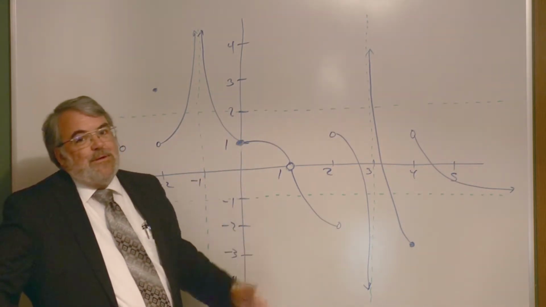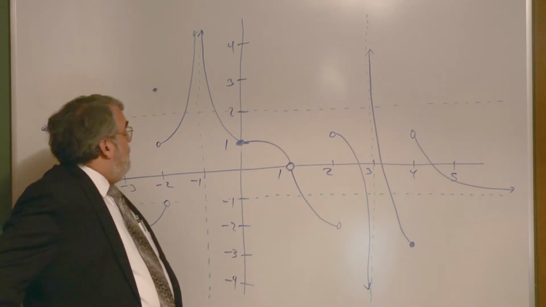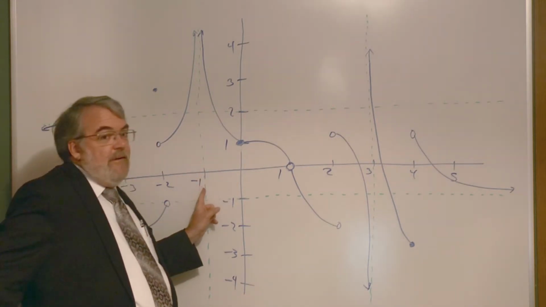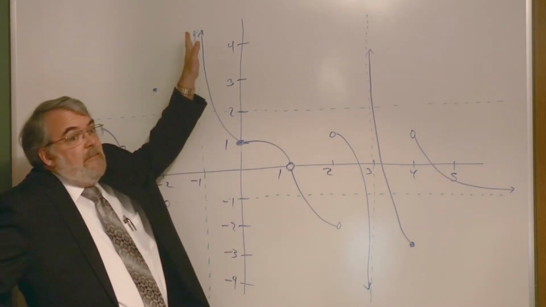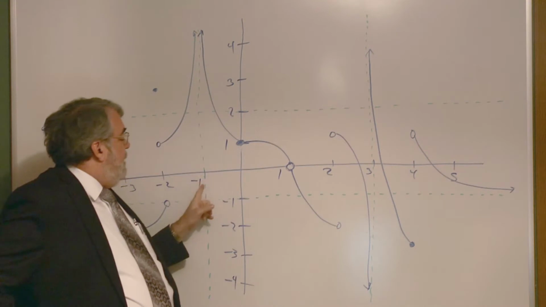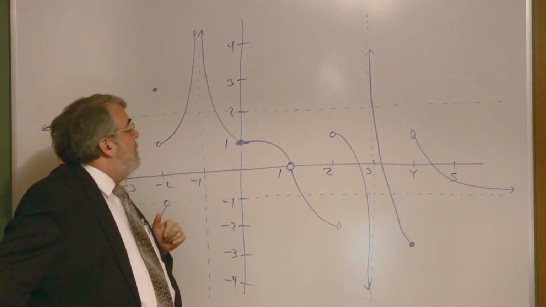In other words, there are no holes or gaps. It's that simple. And by the way, I forgot to mention that f of -1 does not exist. So all the limits, from either side, go to positive infinity. The value of the function does not exist because you get division by 0 there.